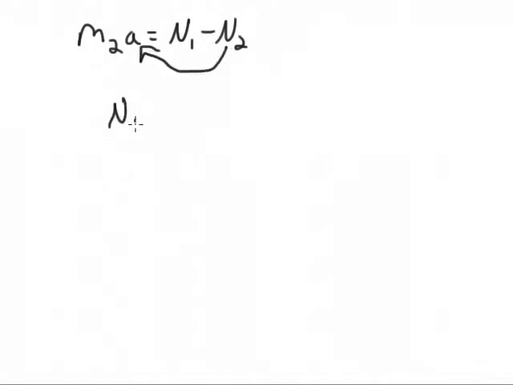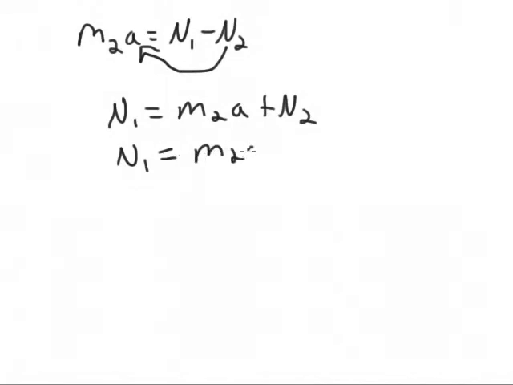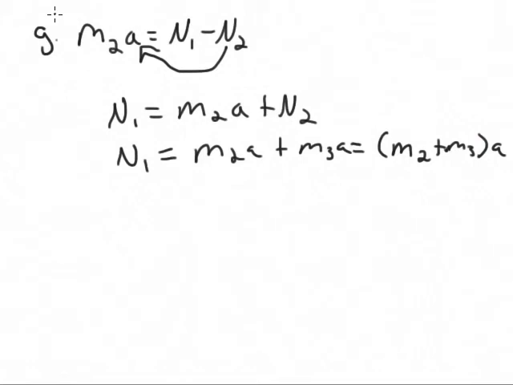So we'll get N1 equals M2A plus N2. And we'll get N1 equals M2A plus M3A. And we can just rewrite this as N1 is equal to M2 plus M3 times A. So that's G. And then H is just what is the net force on M2.